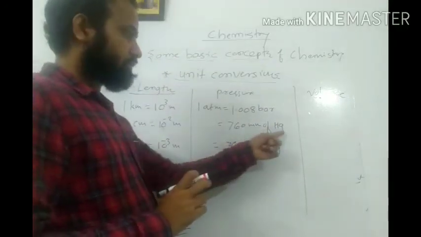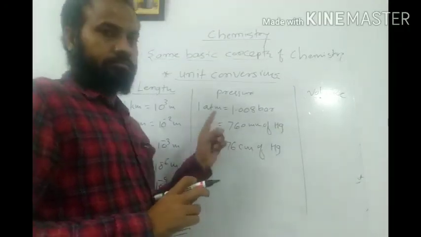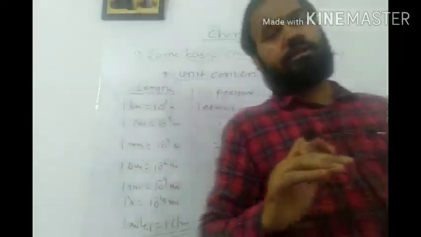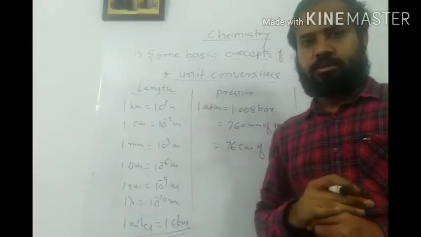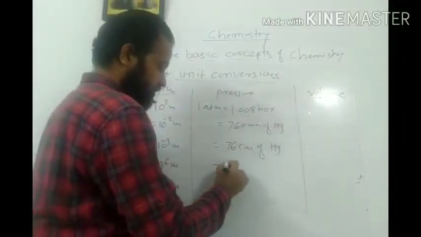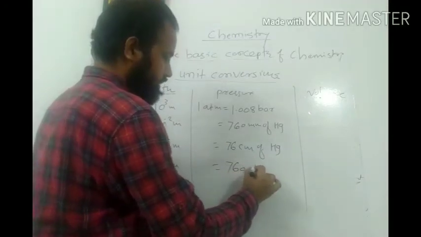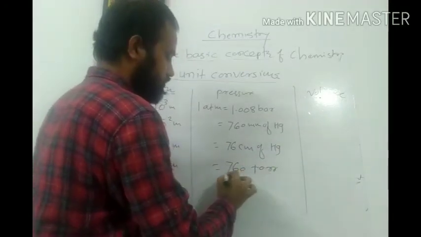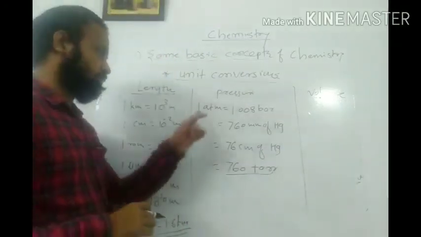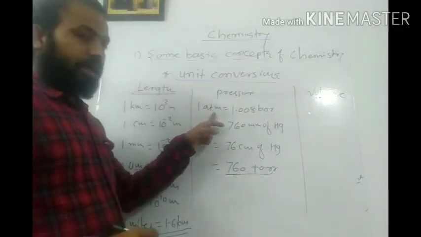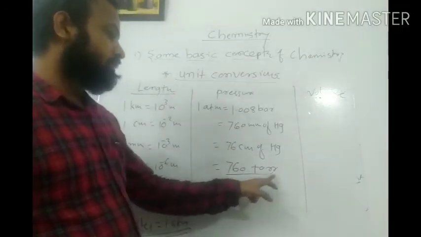You might have seen this mercury while measuring blood pressure, isn't it? Then we have one more important unit, that is torr. Torr is also an important unit of pressure. 1 atmospheric pressure is equal to 760 torr.